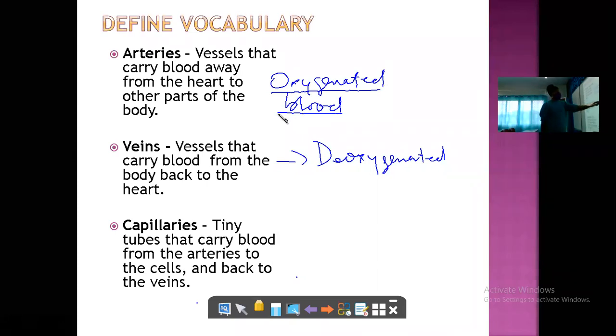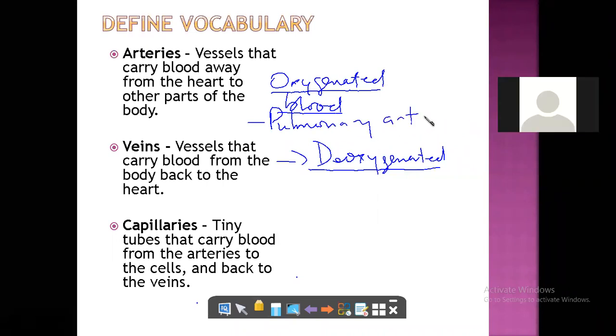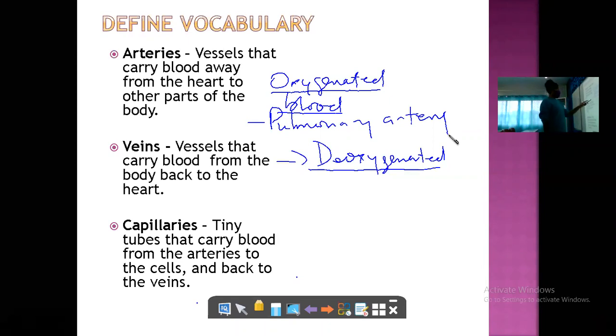By the way, you will add that there's one strange artery that does not carry oxygenated blood. Instead it carries deoxygenated blood, and that artery is known as the pulmonary artery. All arteries are responsible for transporting oxygenated blood. However, the pulmonary artery is the only artery in our body that transports deoxygenated blood from the heart to the lungs.